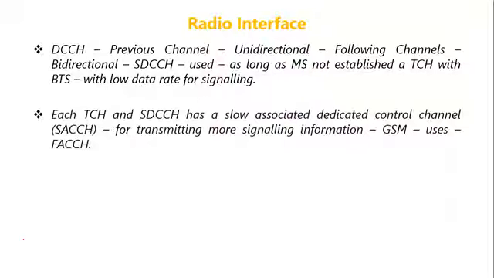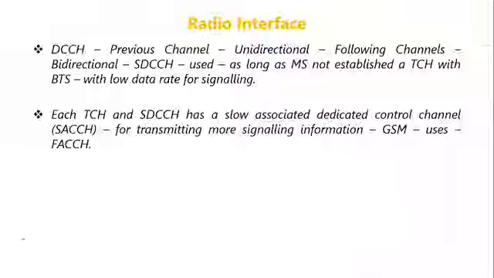Basically, the common control channel contains information regarding connection setup between the mobile station and the base station. If any mobile station wants to set up a call, it uses the random access channel, RACH, to send data to the BTS, and this is done using slotted Aloha, so there may be a collision.